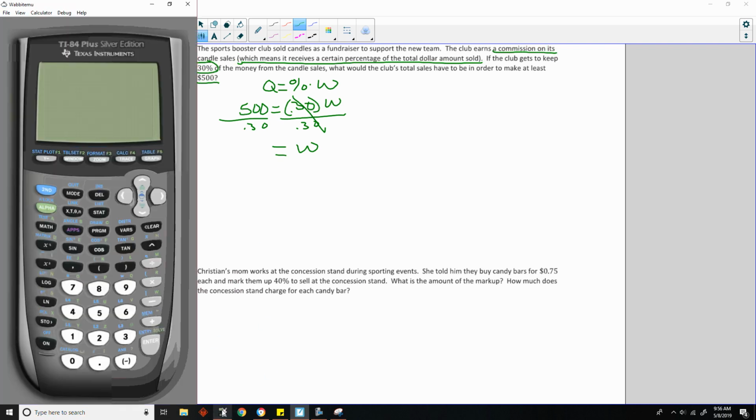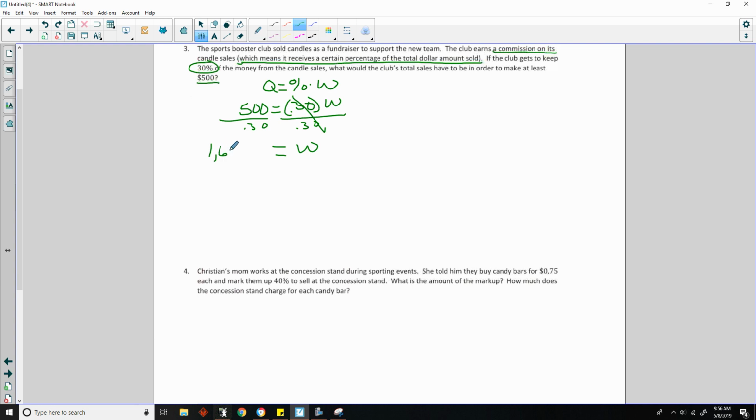So if I go to my calculator and take 500 and divide it by 0.3, I get $1,666.67, rounding to the nearest penny.